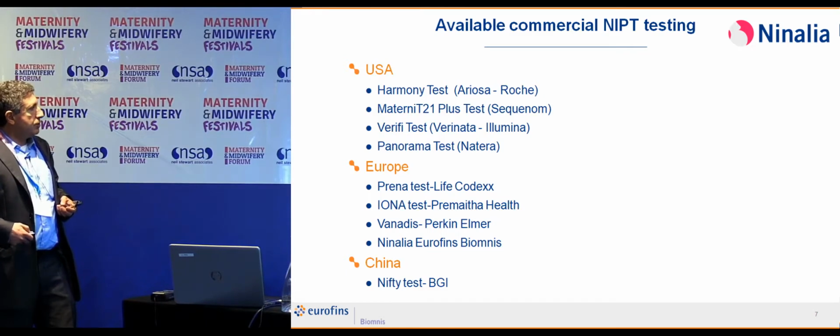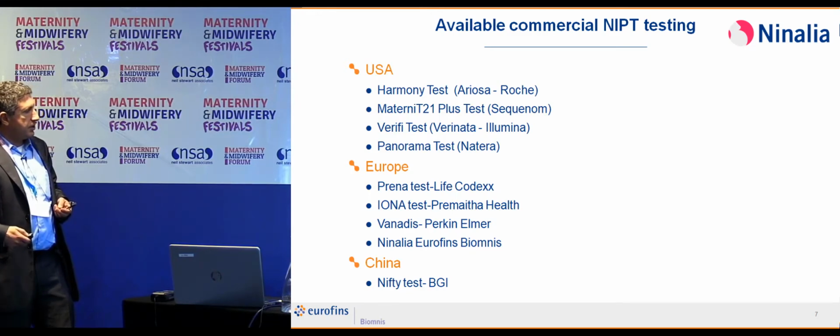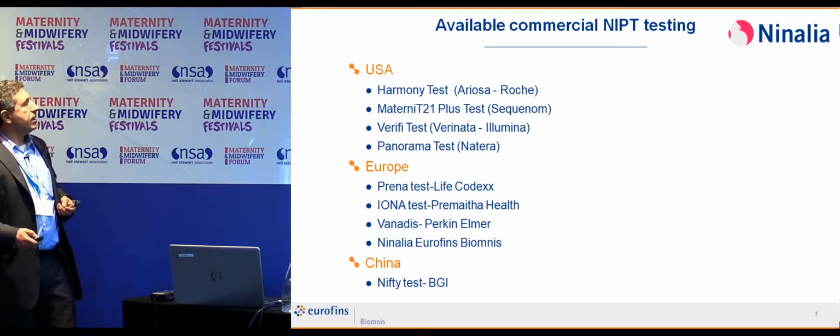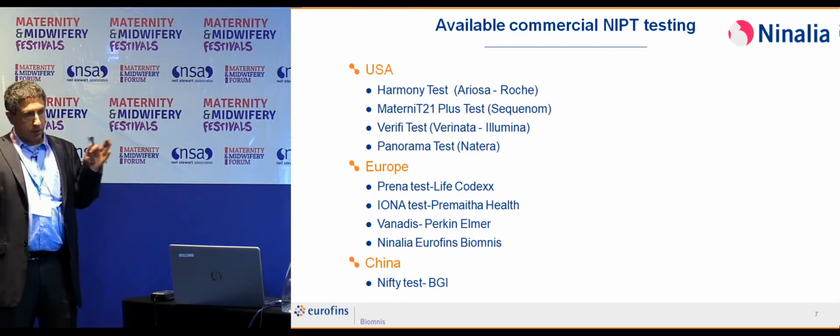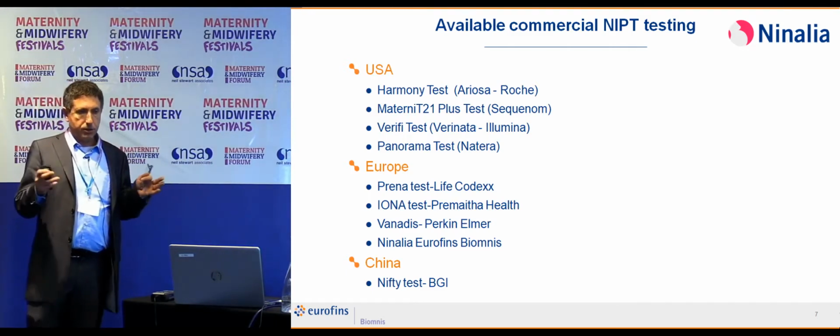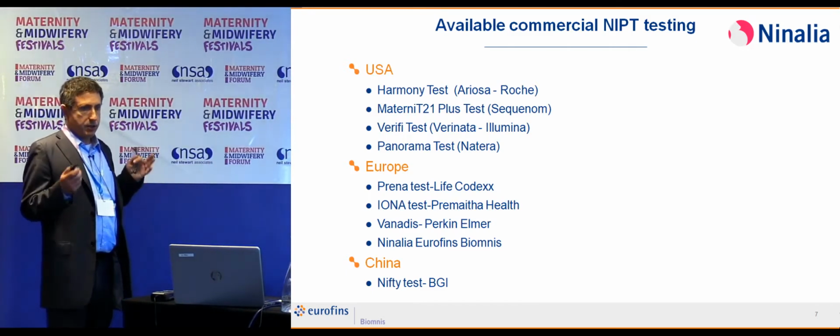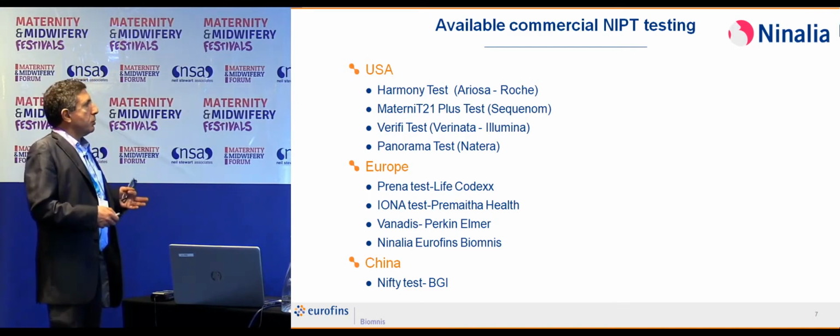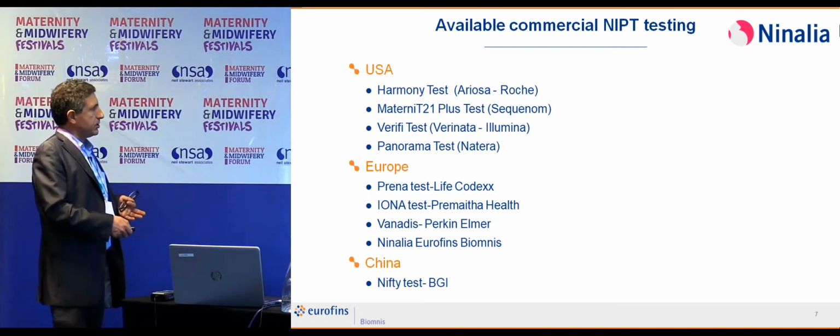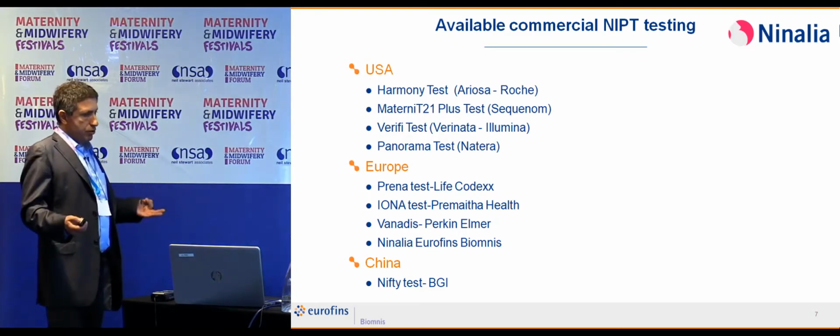The very new test is Vanadis from PerkinElmer, and our test. And in China, there is the NIPT test from the BGI company. The big difference between those tests is the technology used. We use genome-wide sequencing, which means that we are sequencing the whole genome.